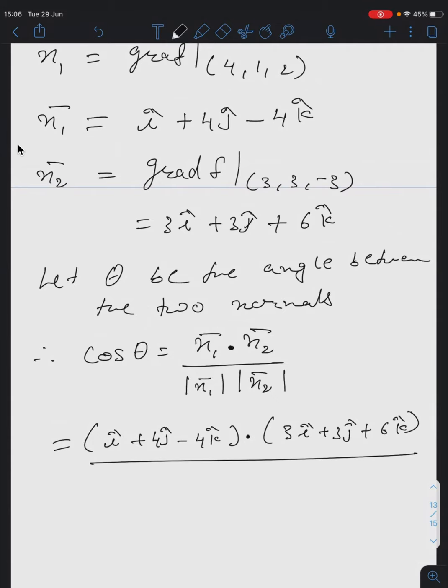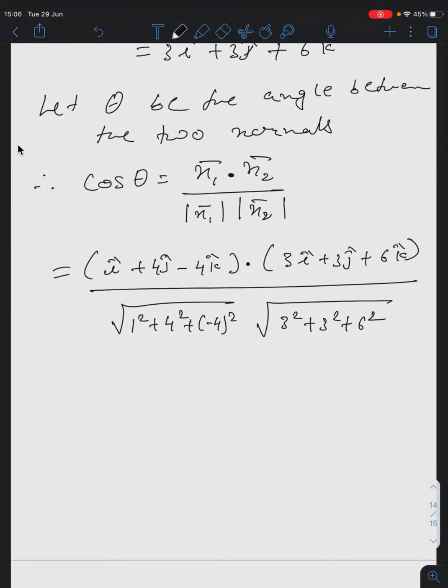Now this is the mod of n1 bar, which is root over of 1 square plus 4 square plus minus 4 square, again into root over of 3 square plus 3 square plus 6 square. So calculate and tell me the answer. The dot product you are taking: i dot i, you will get 3, j dot j 12 you will get, minus 24 you will get.